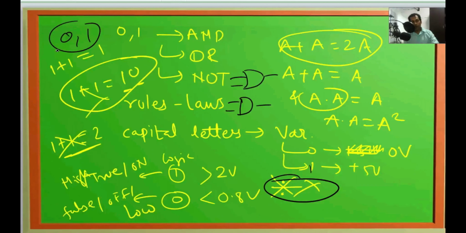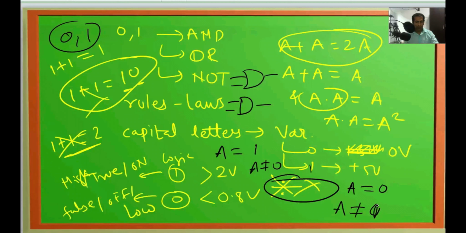Variables or functions of variables in Boolean algebra can assume only two values, 0 or 1. So if a is equal to 1, then a is not equal to 0, and if a is equal to 0, then a cannot be equal to 1.